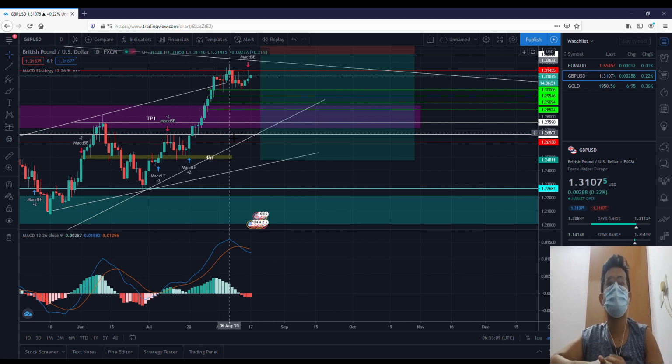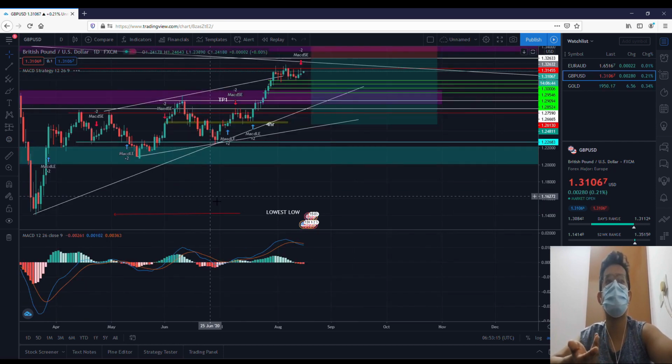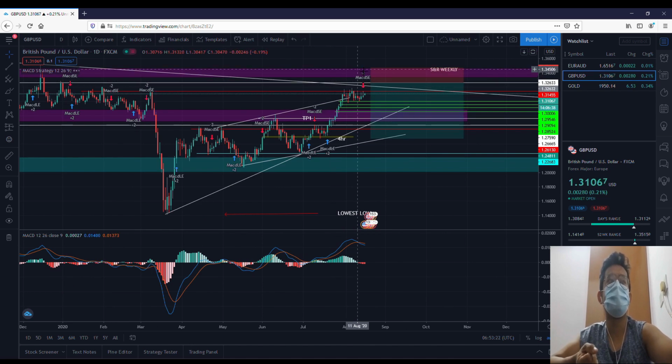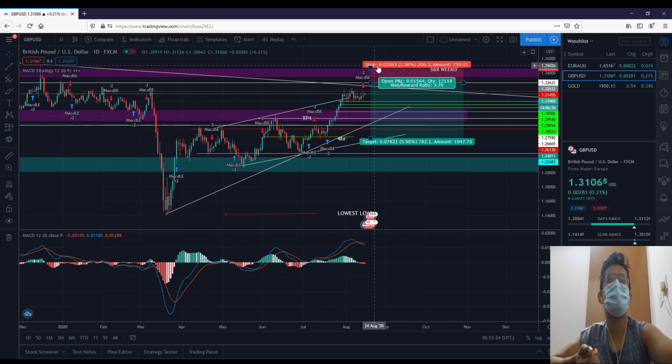Okay, so that's for GBPUSD. My selling area is here, 1.3 2500 to 2600, and my stop loss is here, which is 1.3 2600 or 2700, that's 206 pips.